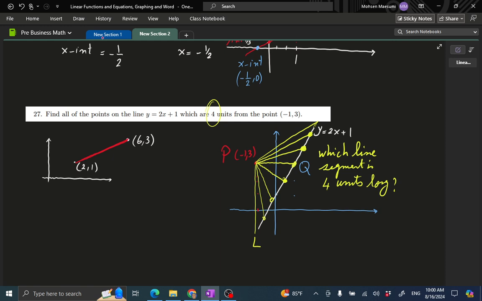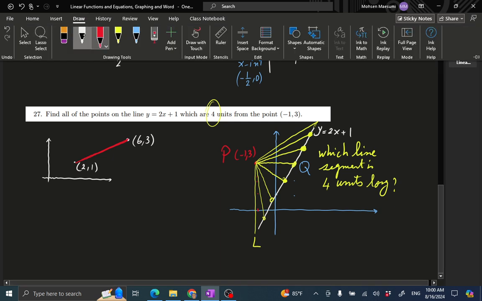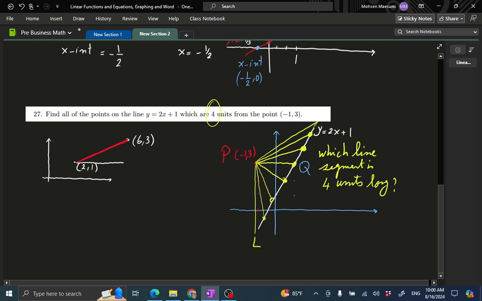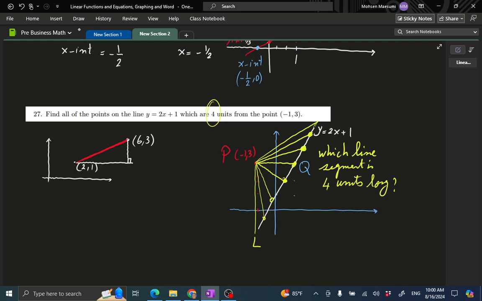And the answer to that is going to come from the most famous theorem in mathematics, which is the Pythagorean theorem. Is that right? Pythagorean theorem says if I have a right triangle, well, I don't have a right triangle here. What do you do? You draw a line horizontal, draw a line vertical, and they are going to be perpendicular to each other.